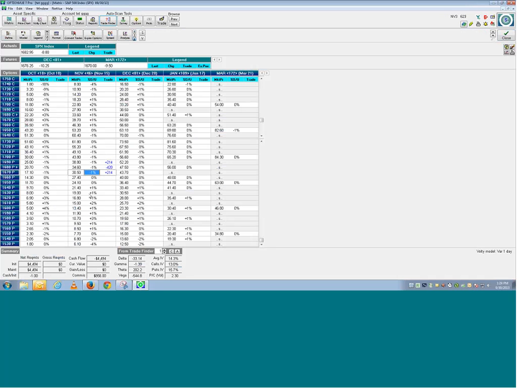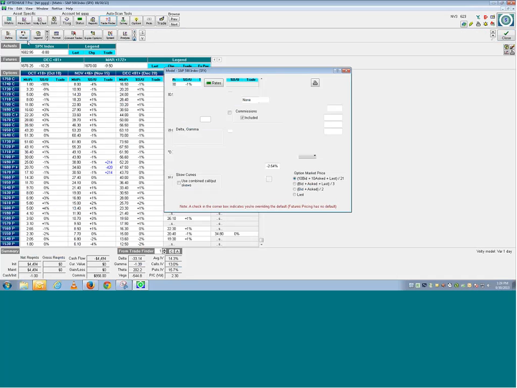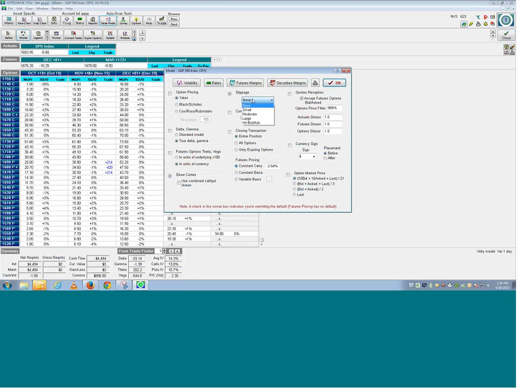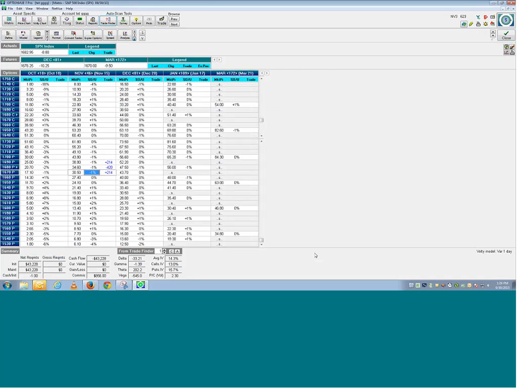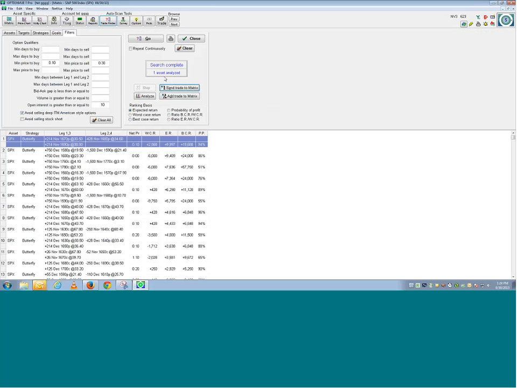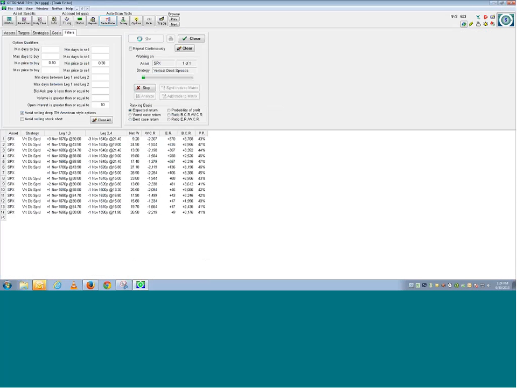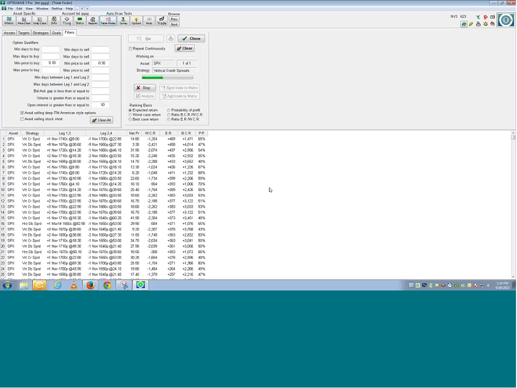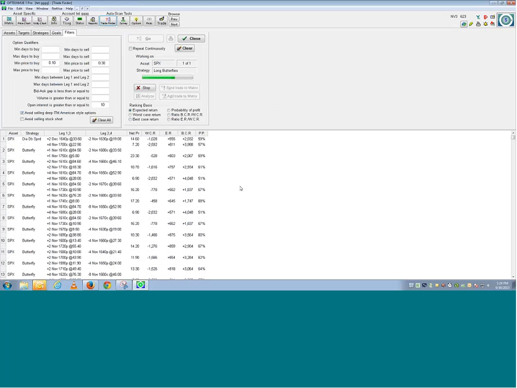And for that reason, I like to come in here and put in small slippage, because when you do that, now, when we rerun this, you'll find that that situation really isn't going to be the case anymore. It's going to assume a small degree of slippage on all three of those legs. And now look at the dramatic difference you get.